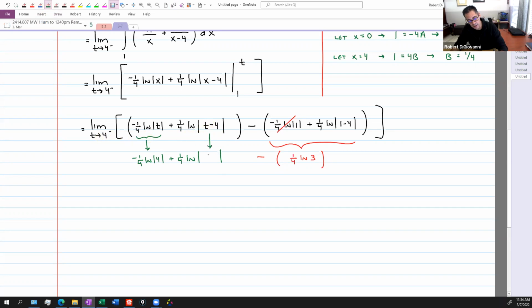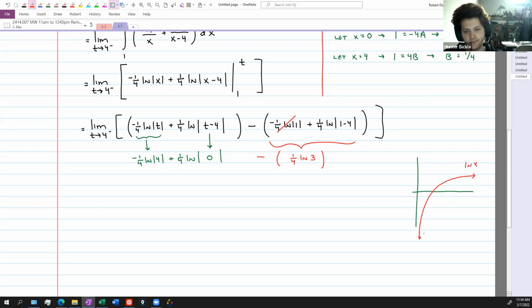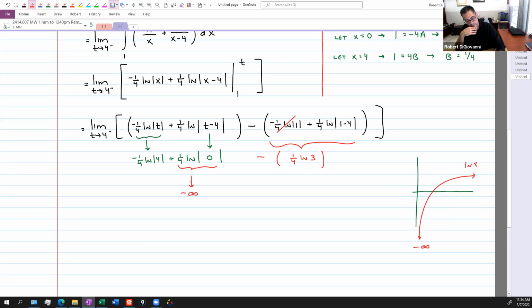So this thing is headed to 0. And what does the natural log function do as you head to 0? You have to remember what it looks like. Natural log looks like this. It heads down to -infinity. So this heads to -infinity.